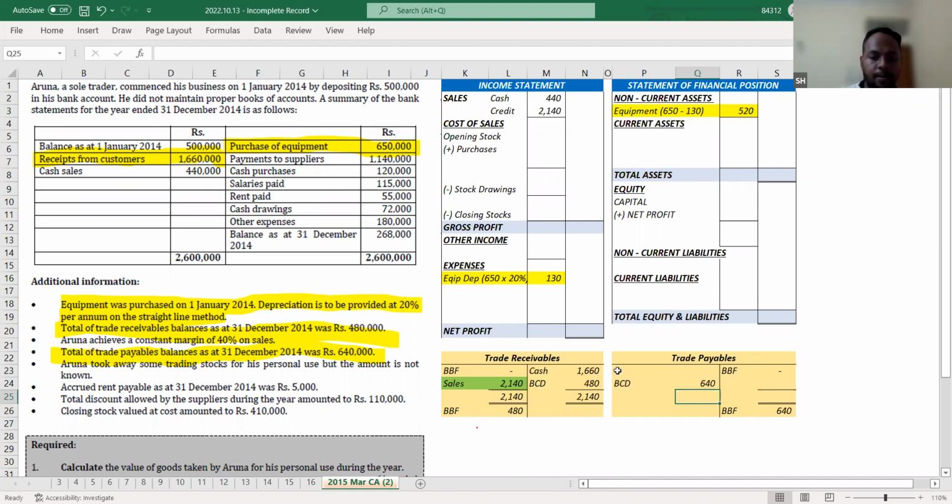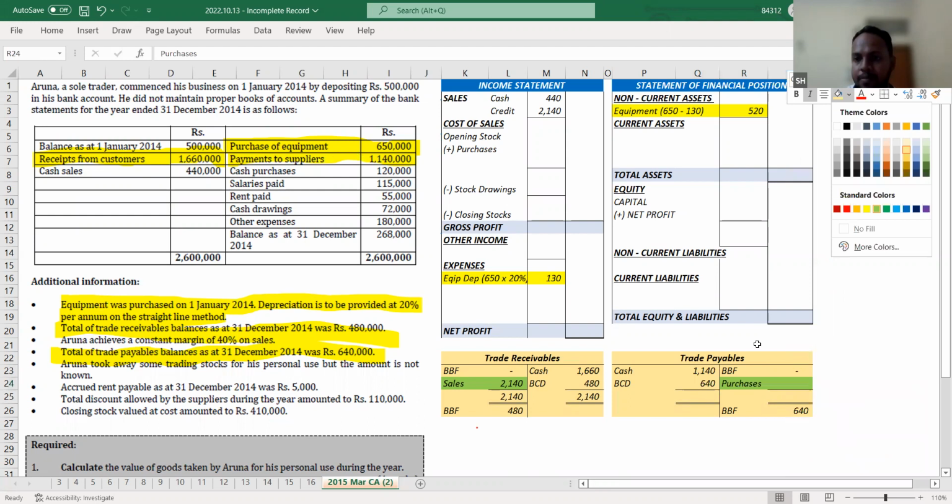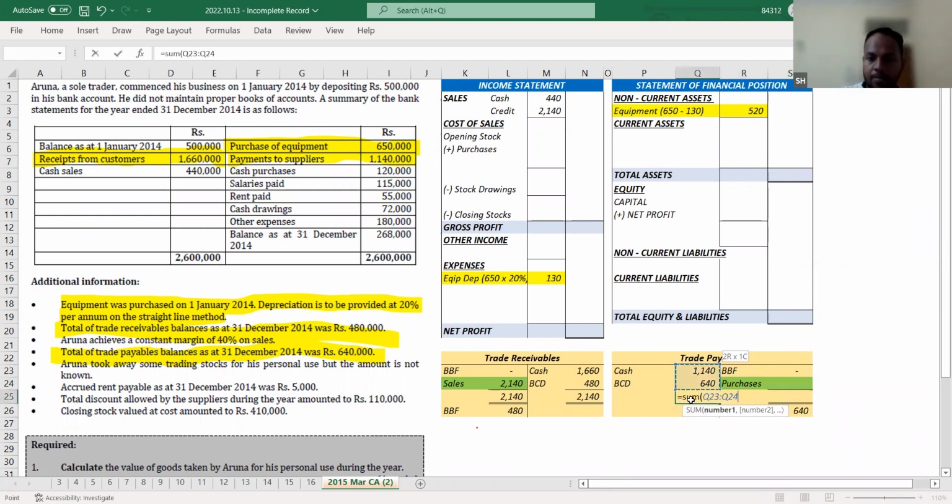Then other main transactions are cash and purchases. They have given the cash payments to suppliers 1,140. The difference will be purchases, credit purchases. Okay, so 1,780 is the credit purchases.